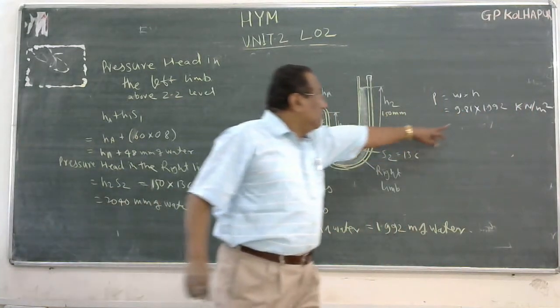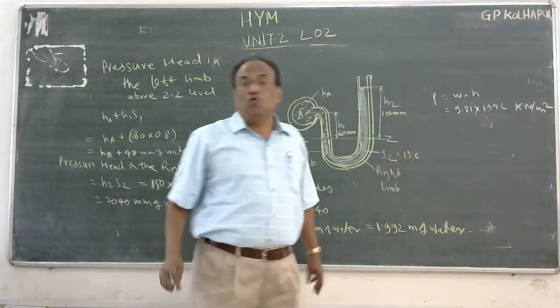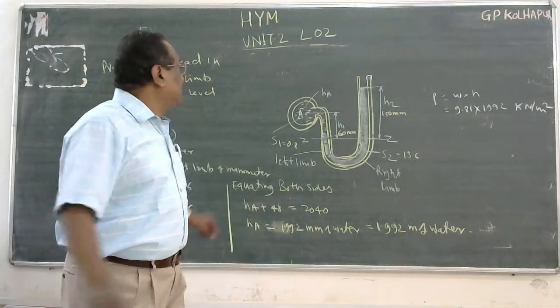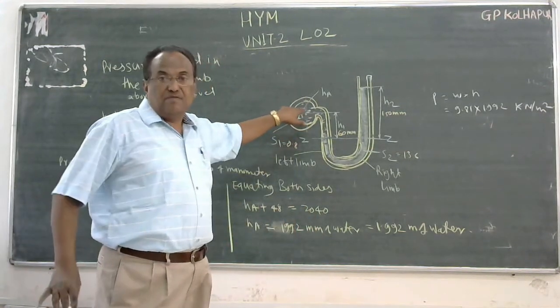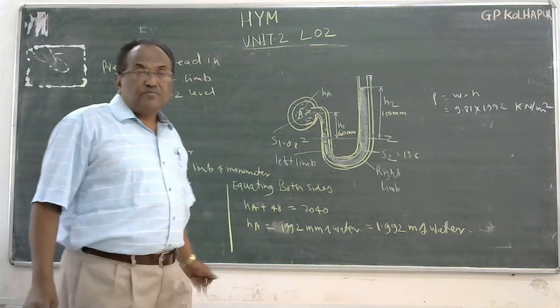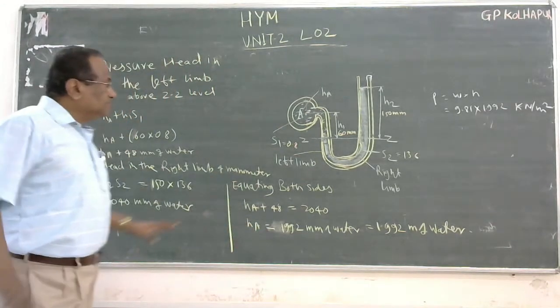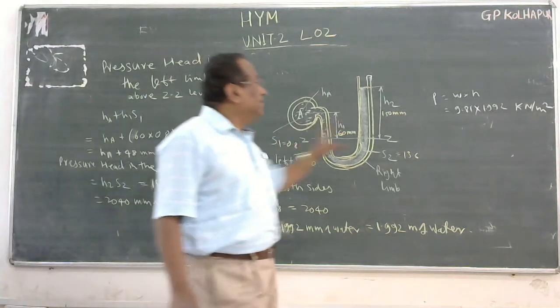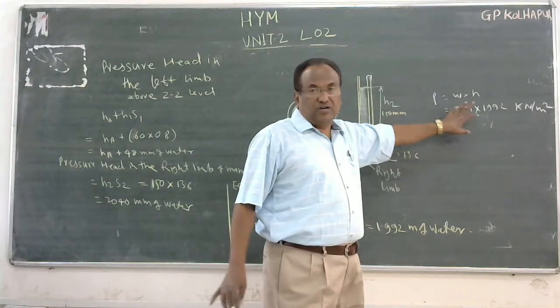We have taken here the specific weight of water only, not the specific weight of the liquid which is there, because the answer comes out to be in meters of water by using this formula. So we have to multiply by the specific weight of water.